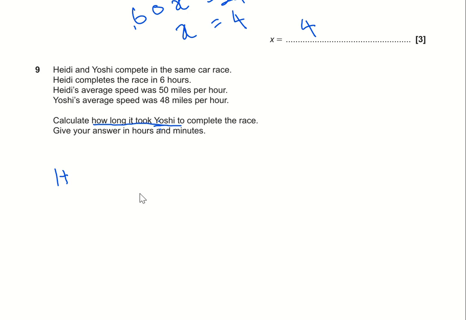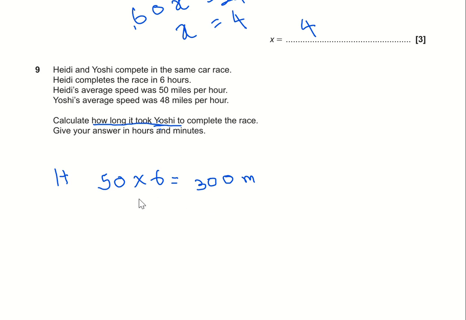Her average speed is 50 miles per hour. So for 1 hour, she rides 50. So she goes 6 hours. I can find the total miles: 300 miles.